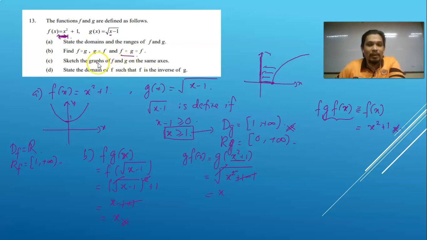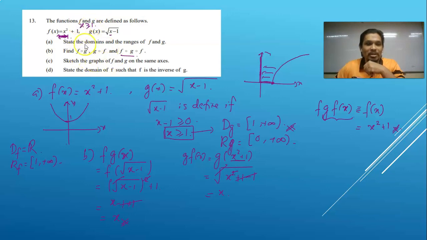Sketch the graph of f and g on the same axis. Okay class, for this question, normally they should come up with this one here. f(x) equal to x squared plus 1, and the domain or value of x is x greater than or equal to 1.